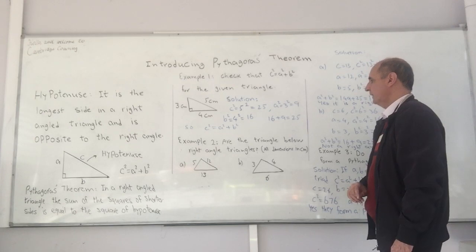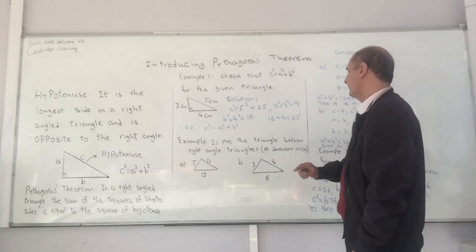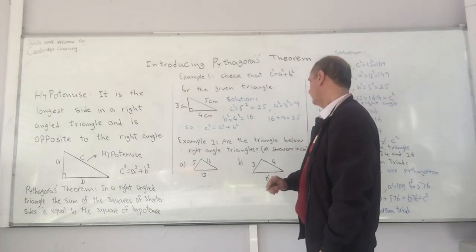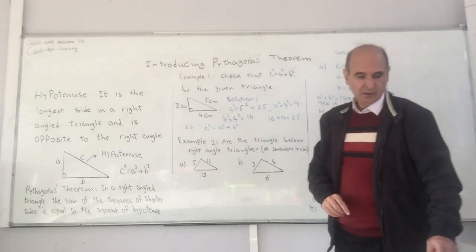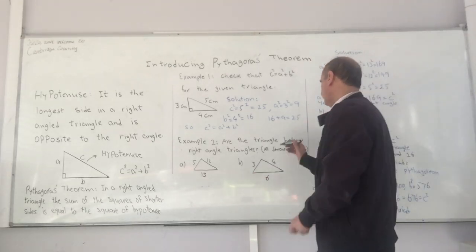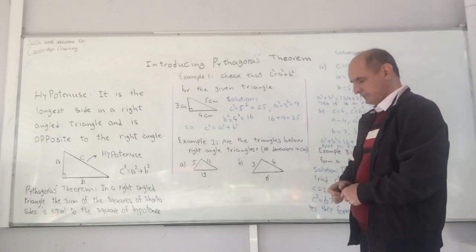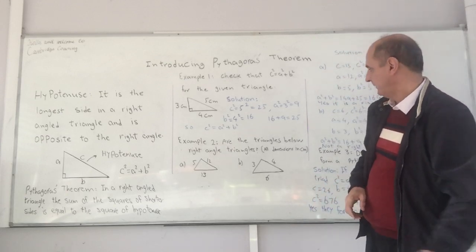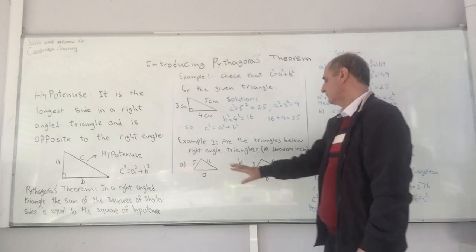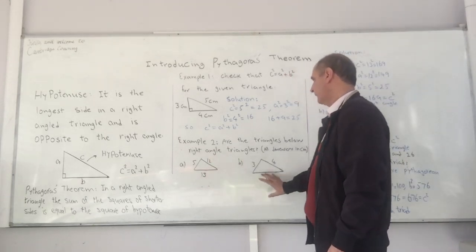Next example, are the triangles below right angle triangles? Okay, we got one triangle here, one triangle here.